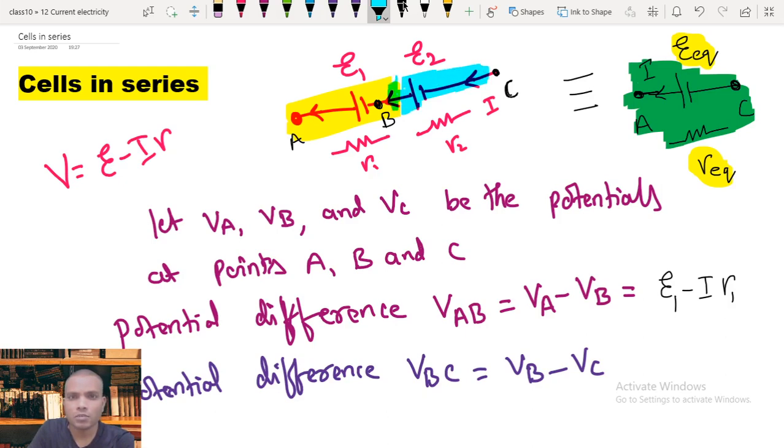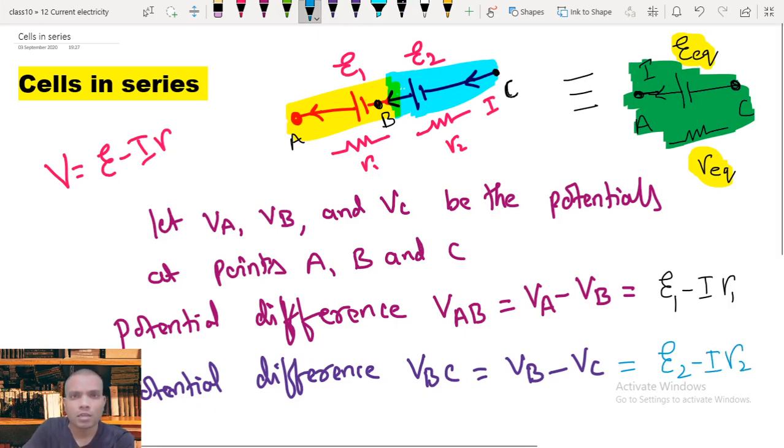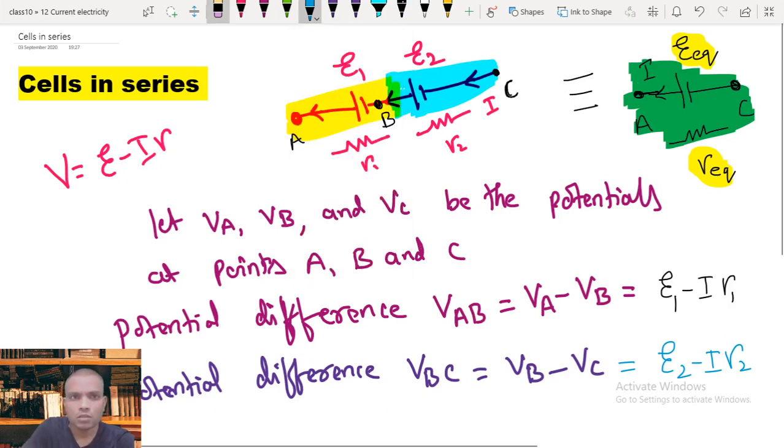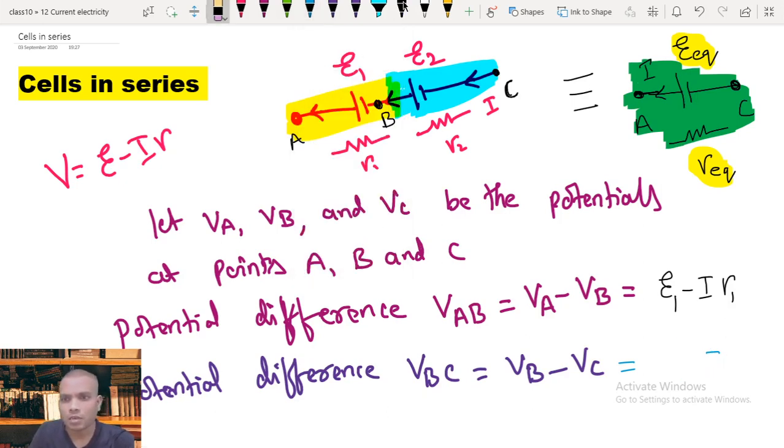Between the points B and C, the expression for the potential difference is the EMF of the second cell minus I times R2. Here I is the amount of current flowing through the circuit: E2 minus I times R2.